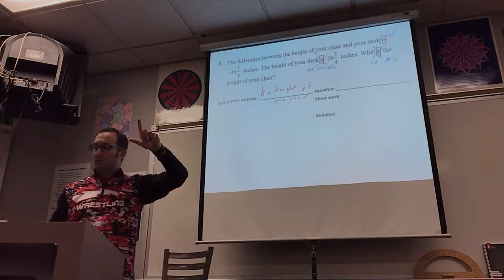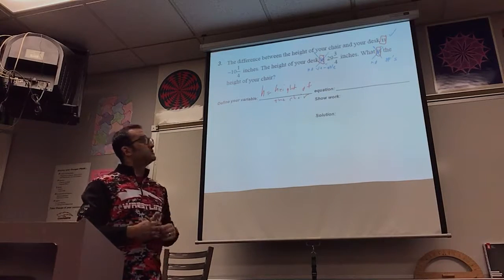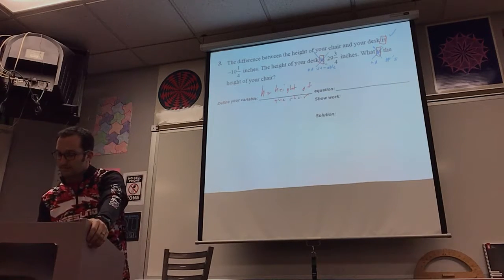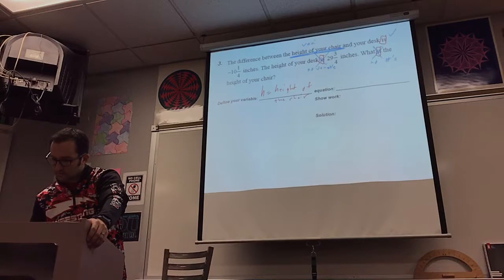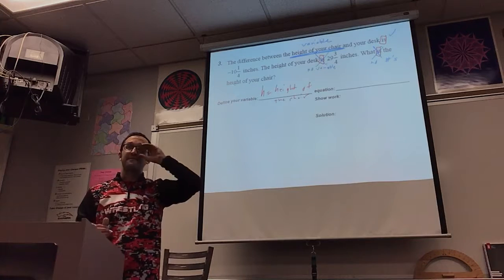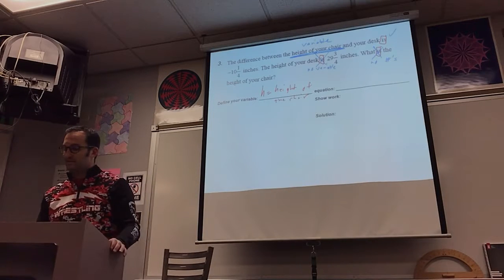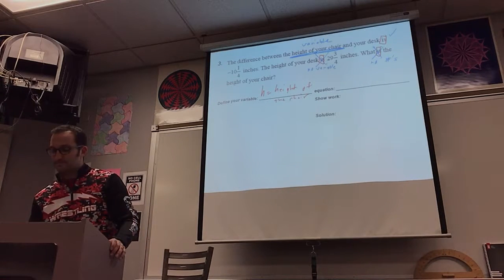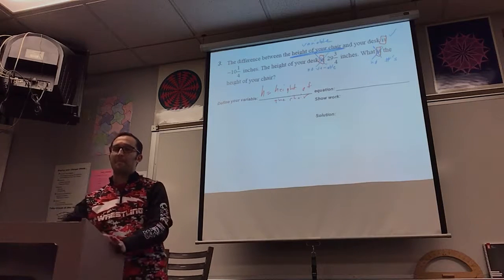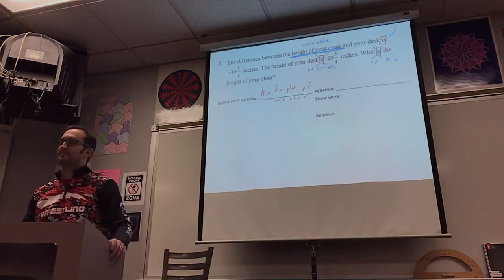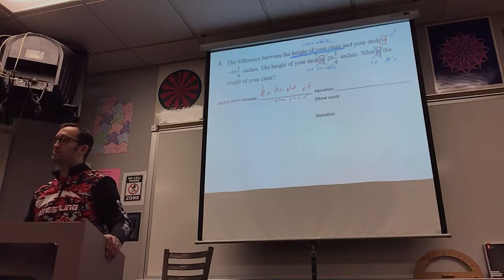Do we see our variable in that first sentence? Yes. Where is it? It's the height of the chair. Height of our chair, that's our variable. Do we see our number in that first sentence? Yes. Where is it? Negative 10.4. No? What do we know?